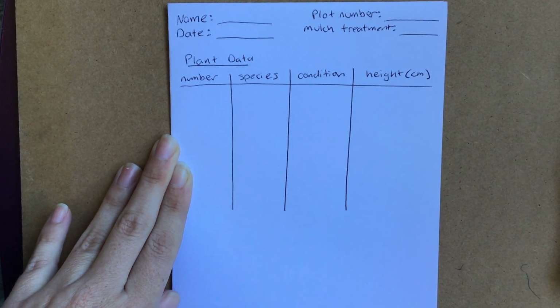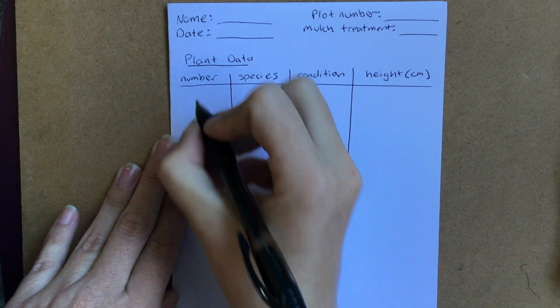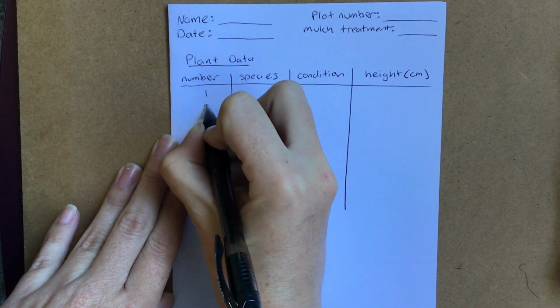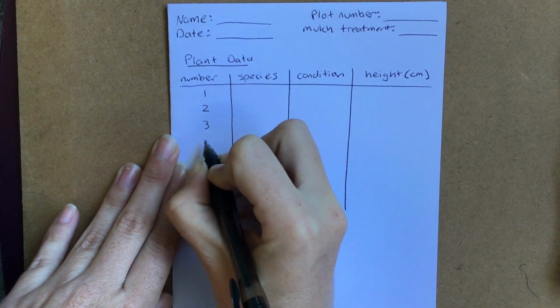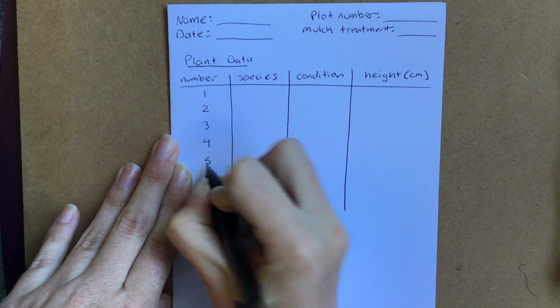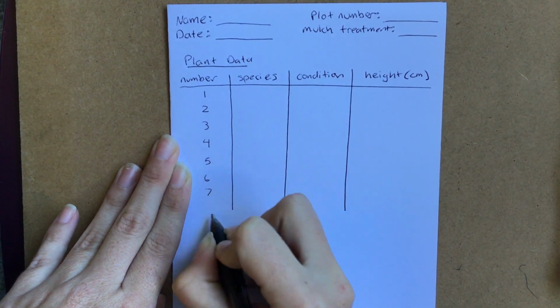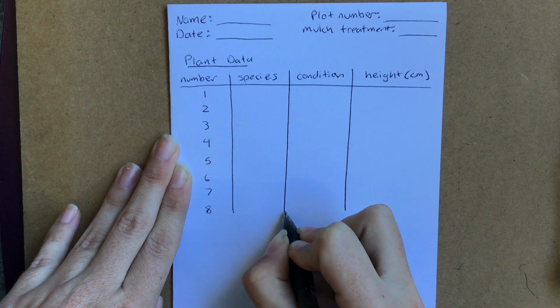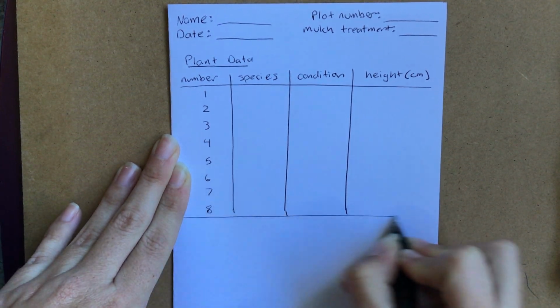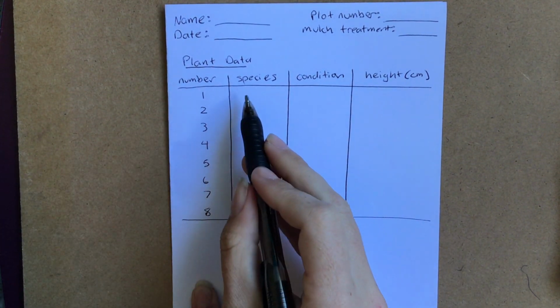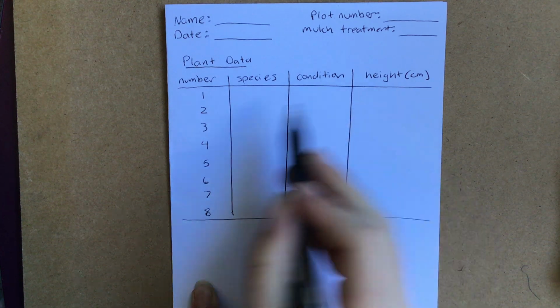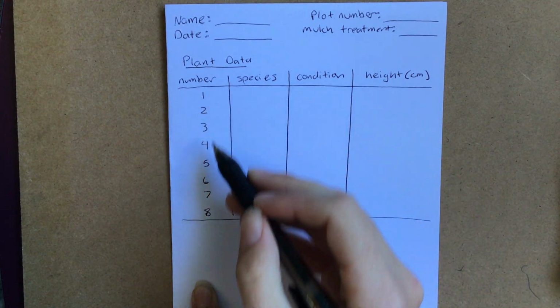And since I know that we have 8 plants in our plot, I'm going to go ahead and number the spots for each of the plants that we need to measure. So then the species, condition, and height for plant 1 will go along here, and so on for each of these numbers.